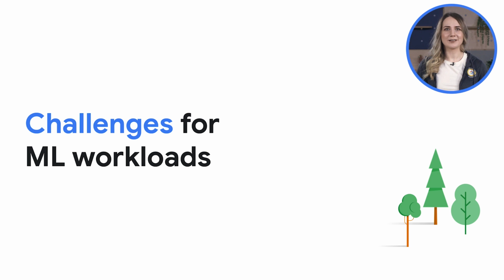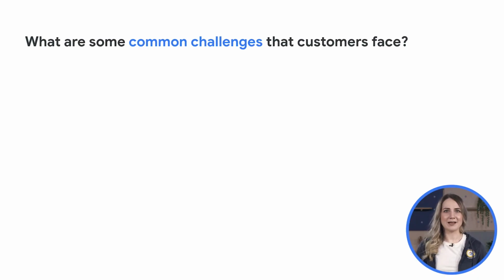Let's explore common challenges our customers are facing when dealing with ML workloads. Let's imagine that we are working with an advanced startup company with AI and ML technical skills. Employees have experience with frameworks, TensorFlow or PyTorch, and even were able to deploy their models on one of our compute options that we covered in the previous session, Cloud Run or Google Kubernetes Engine.